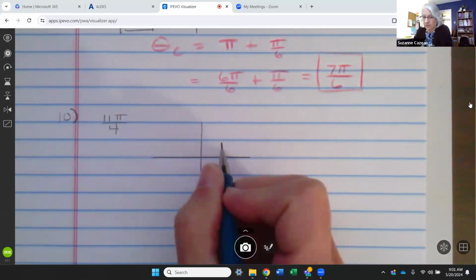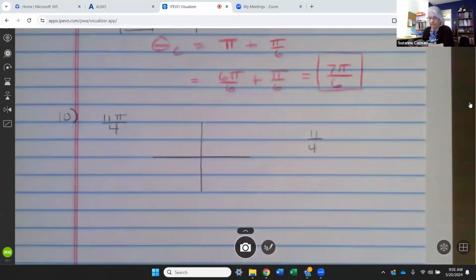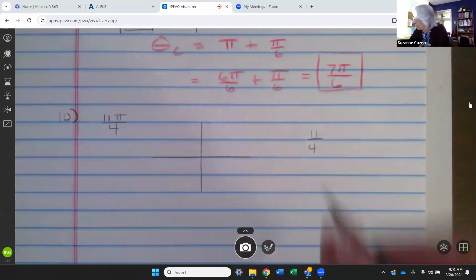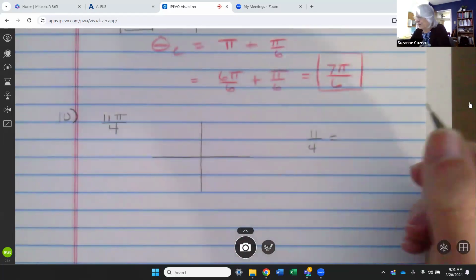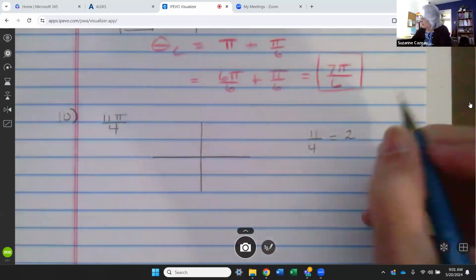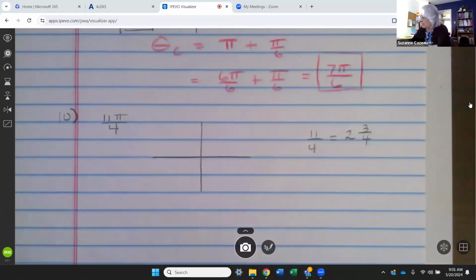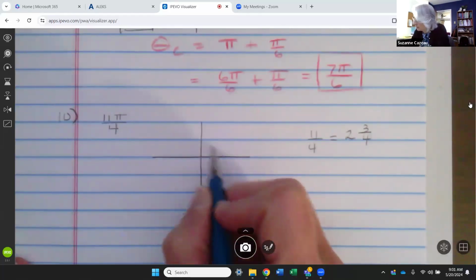I'm going to go around this way. And 11/4, right? 4 goes into 11. Well, 3 is too big because that's 12. So it's 2, which is 8, and then there's 3 left over.